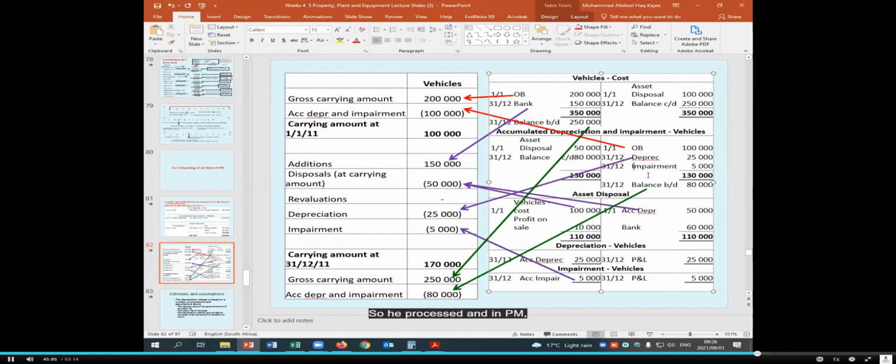So we processed an impairment. I want you to understand that the impairment goes here. Your impairment of 5,000, you debit impairment, credit accumulated. So how did you get from here to here?